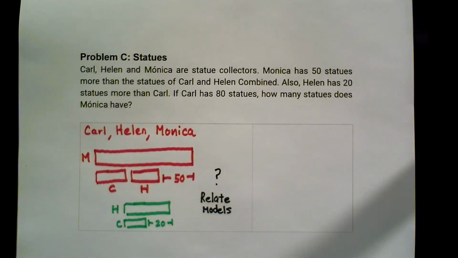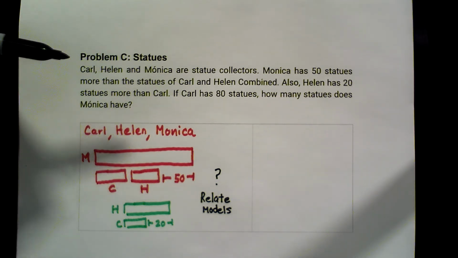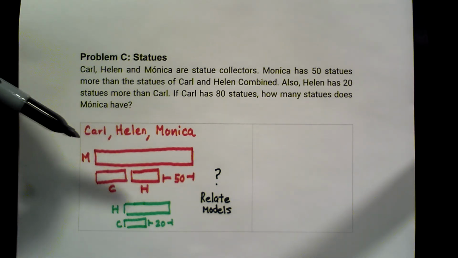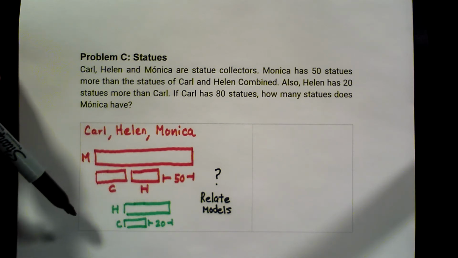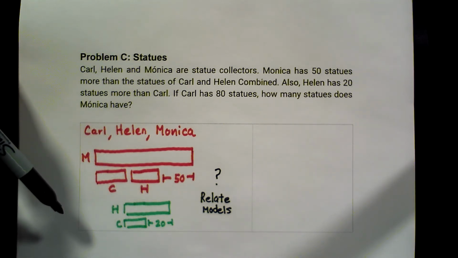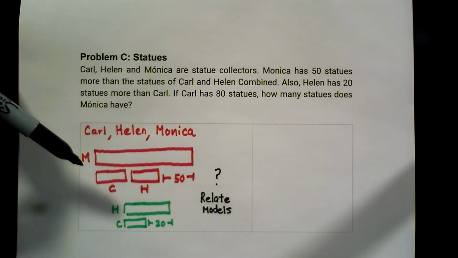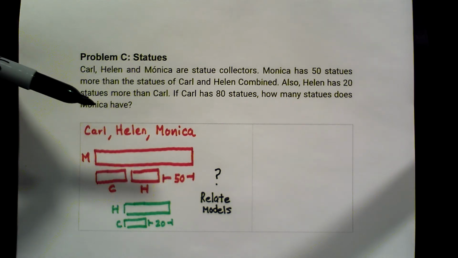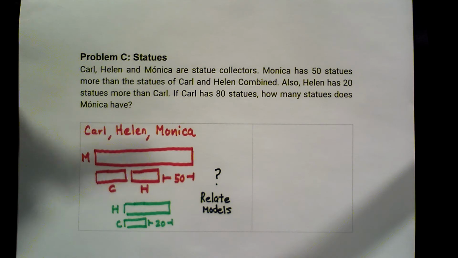And so probably what you guessed is that if we use the model in the bottom and we use that to replace Helen for C plus 20, and you see the algebra, but it's very visual, in the model on the top, then we're going to have a relation just between Monica and Carl.